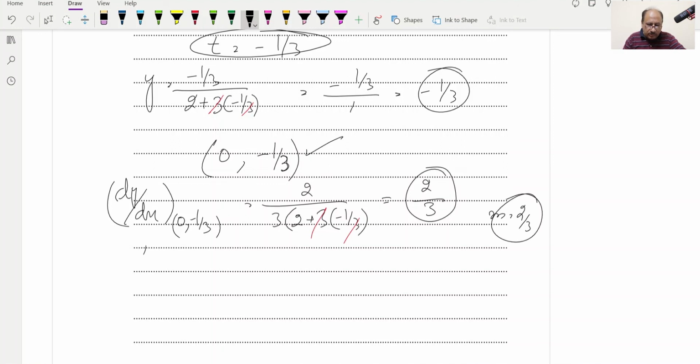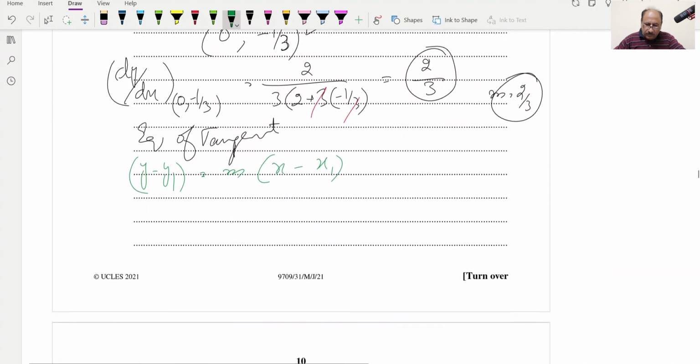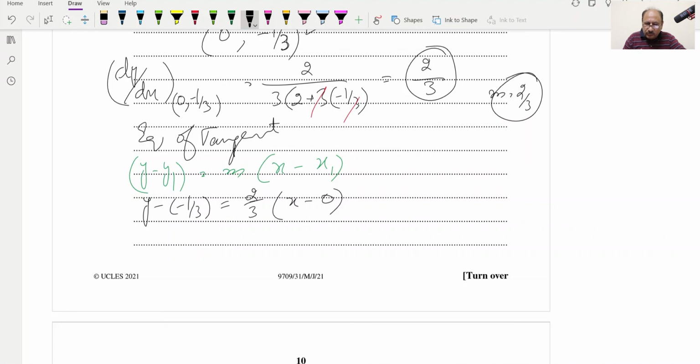Now m value is equal to 2 by 3, and point is this one. So we can write equation of the tangent. Equation of tangent will be equal to what? This will be y minus y1 is equal to m into x minus x1, and this will be equal to y minus y1 mean y minus this value, which is minus 1 by 3. So we can write minus 1 by 3 is equal to 2 by 3 as gradient, and x minus x1 is 0.